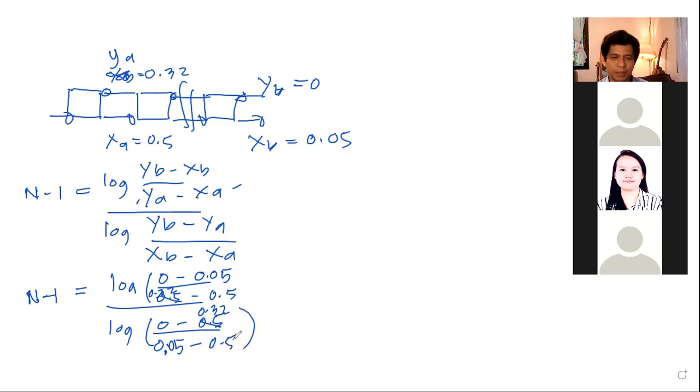So do you have any question? Pasok niyo na sa calculator tapos shift solve. So alpha x minus 1, alpha equal, tapos log. Okay, so we have 0 minus 0.05, 0.32 minus 0.5.